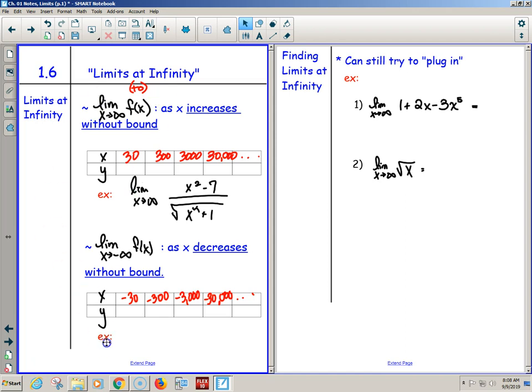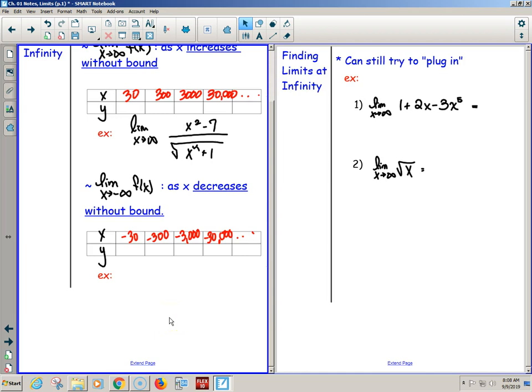X to the 4th, sorry. X squared minus 7, all over the square root of x to the 4th plus 1. And then the other one, let's go ahead and do the limit as x goes to negative infinity of 5e to the x all over 7 minus x to the 10.